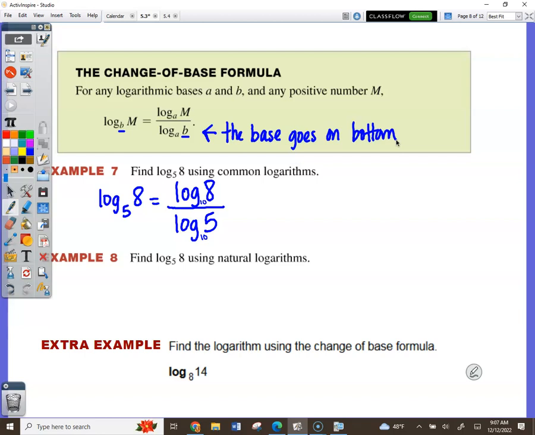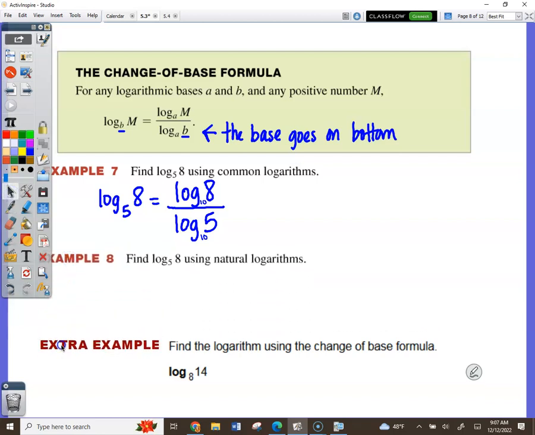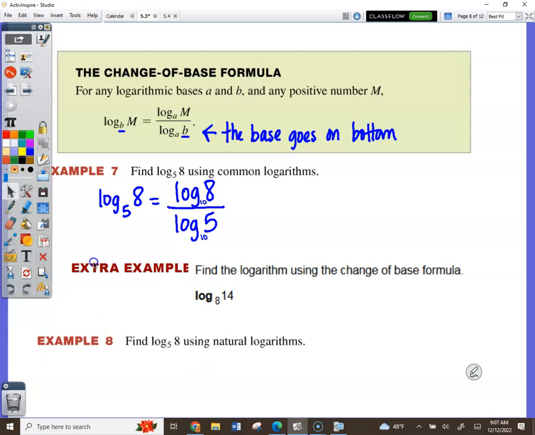So right here, log base 5 of 8. Actually, let's skip around. This is why I should switch this. Well, y'all's is not switched, is it? No. Is it going to mess y'all up if I just switch them up here on my board? Y'all good?